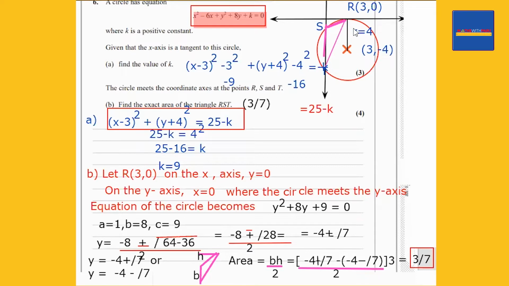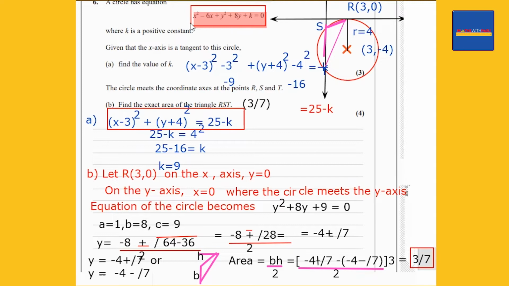So when we write our general equation of a circle, it is usually x minus a, the whole thing squared, plus y minus b, the whole thing squared, is equal to r squared.